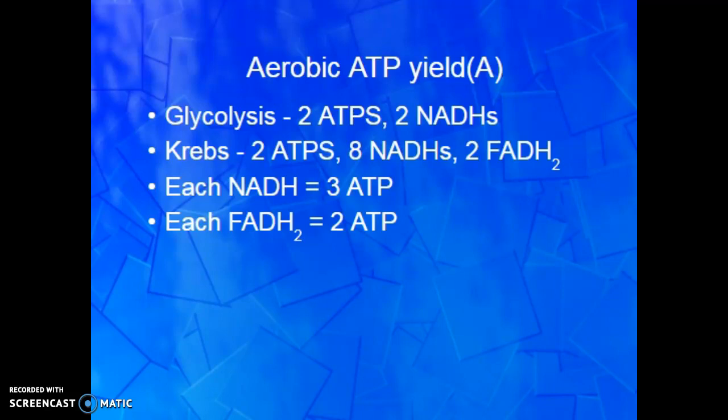Glycolysis is going to produce 2 ATPs and 2 NADHs. Then the Krebs cycle is going to produce 2 ATPs, 8 NADHs, and 2 FADH2s. Each of these NADHs is going to make 3 ATPs, so that's 30. And then each of these FADH2 is going to create 2, so that's 4 more.